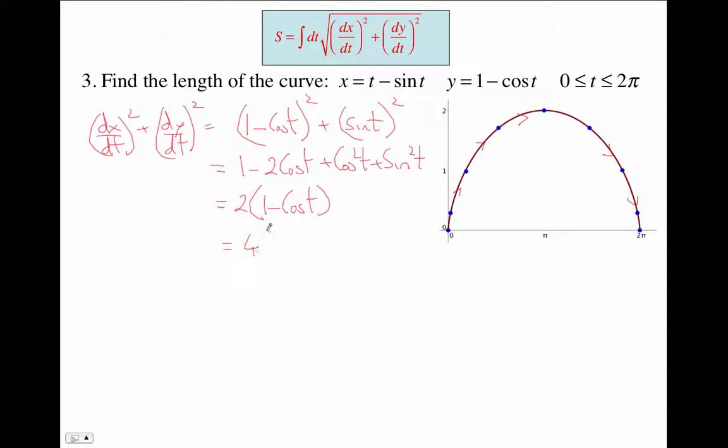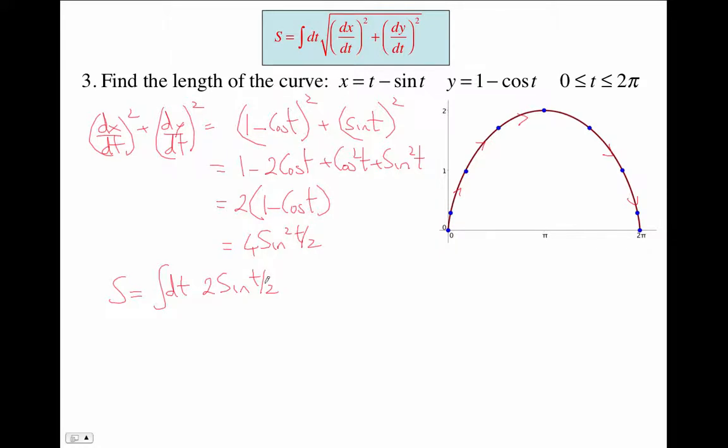So this is 4 sine squared t by 2. Once I take its square root, then what I need to do is calculate the length dt of 2 sine t by 2. Now let's see when sine t by 2 is positive.